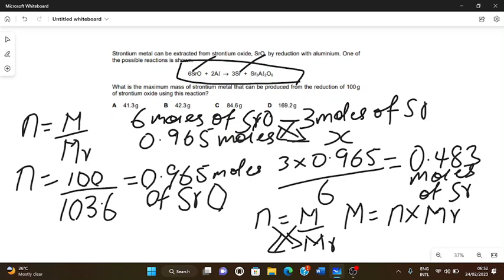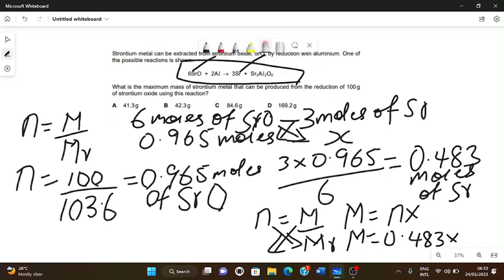So the mass of strontium will be 0.483 multiplied by the relative atomic mass of strontium. We can use relative atomic mass here instead of molar mass.